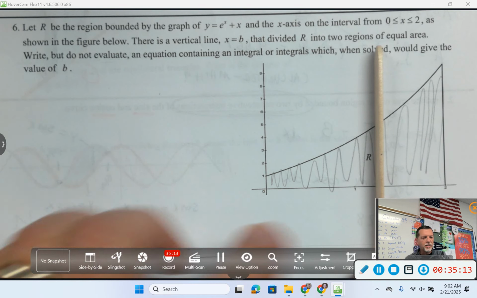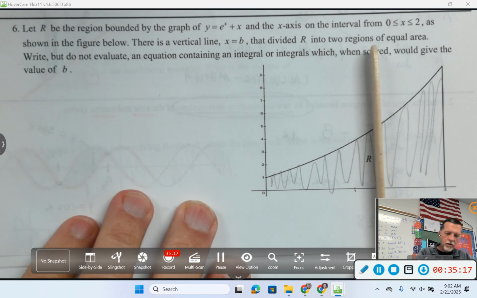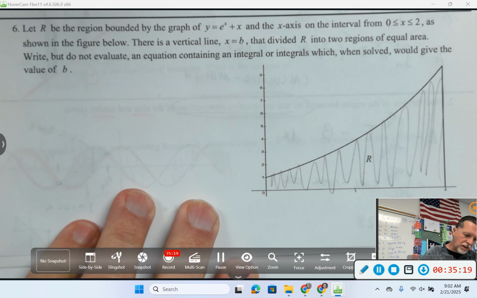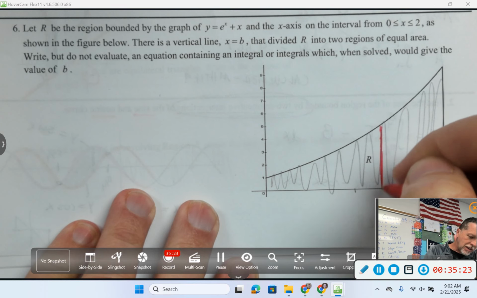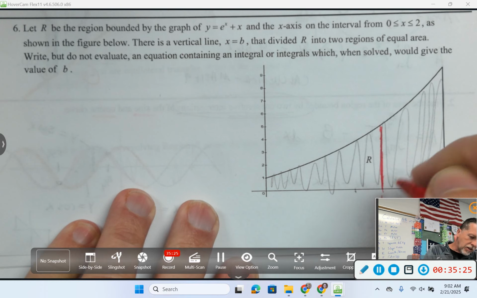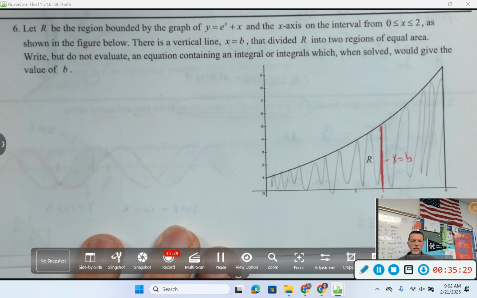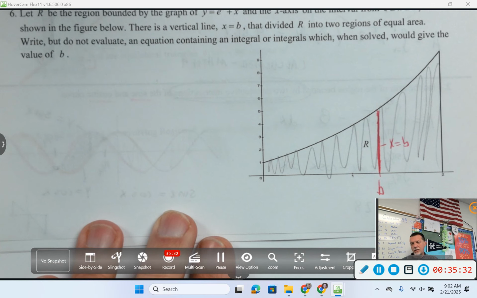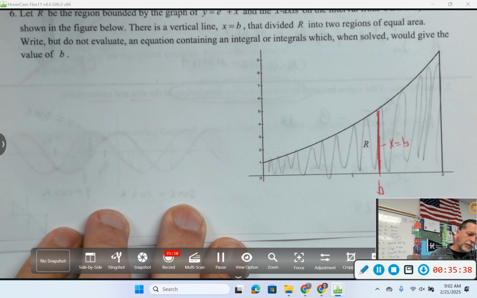Bigger than 1, right? Because it's going up, so there's more area, so somewhere in there. So when it comes to drawing a picture, I can't make it perfect, but it's definitely more than 1. So there's my line, x equals b. I don't know what b is, but it's to the right of 1, and now this right area is equal to the left area.